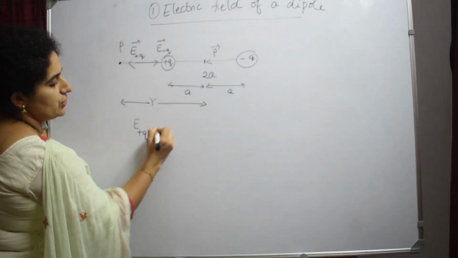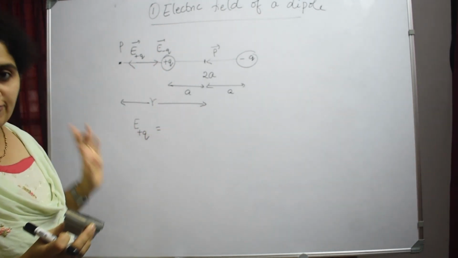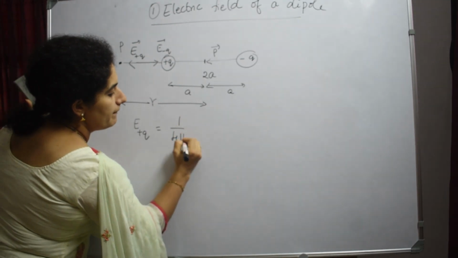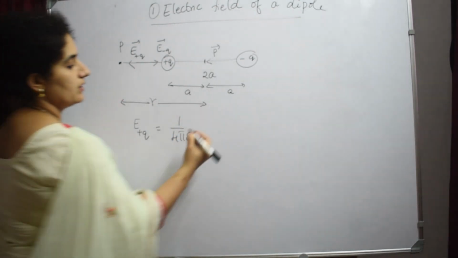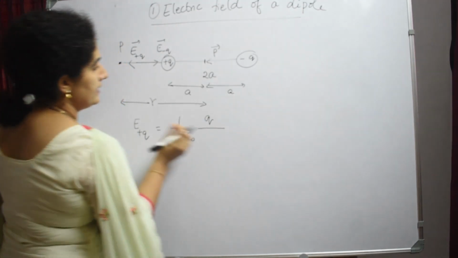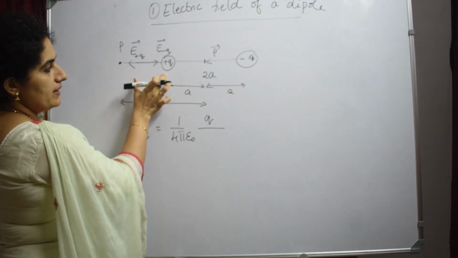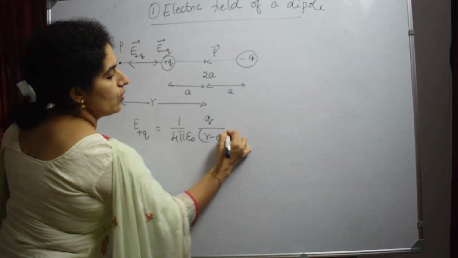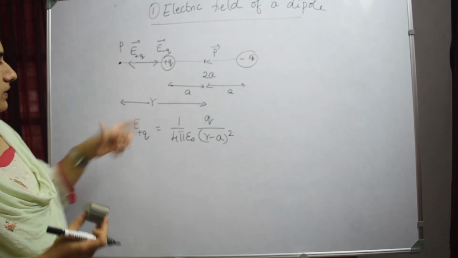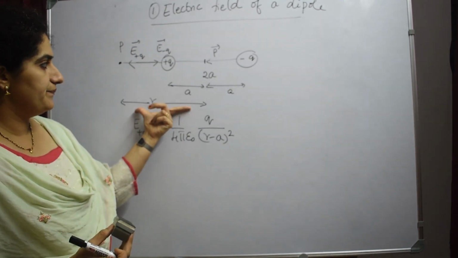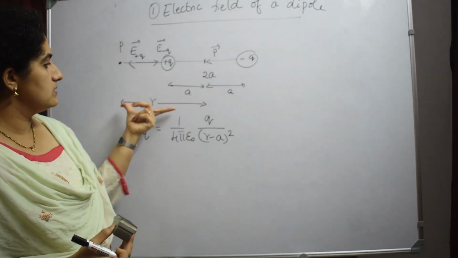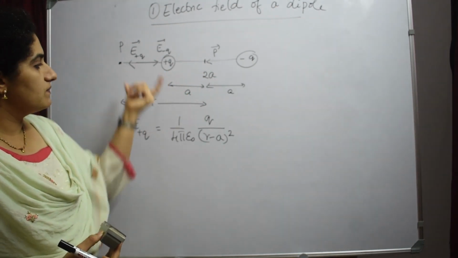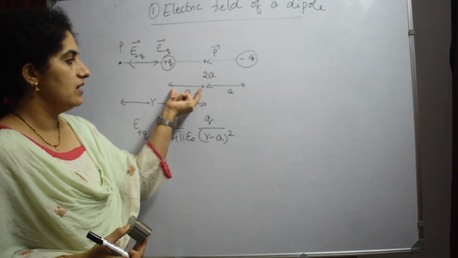E due to plus q, electric field. I have to write the equation now. So it is 1 by 4 pi epsilon naught, q divided by, from here what is the distance? Total is r, so r minus a, we want only this much distance, whole square.